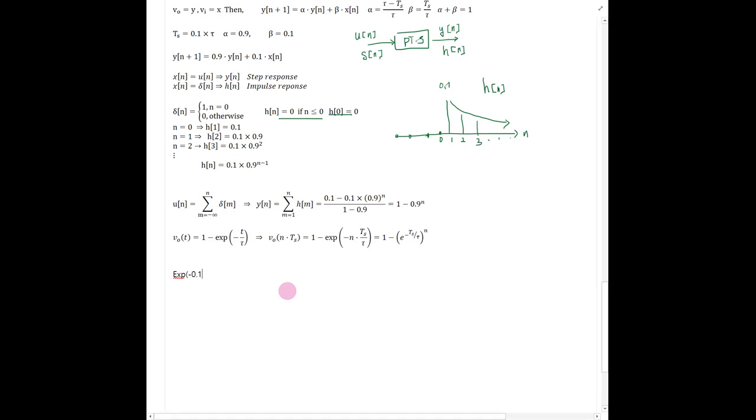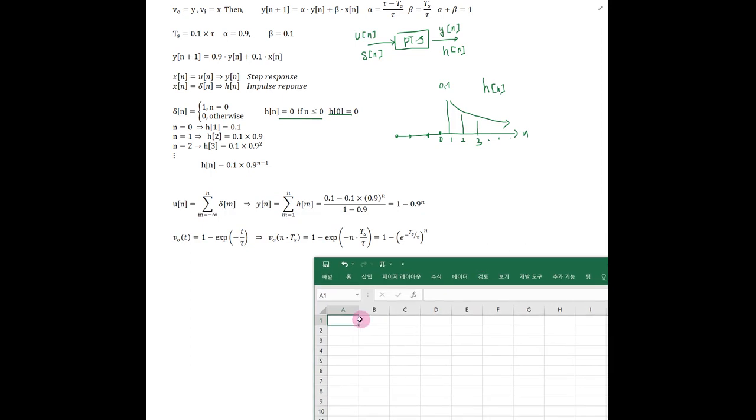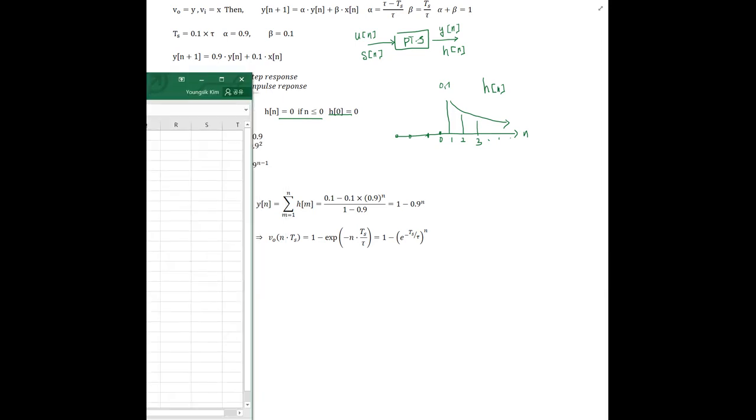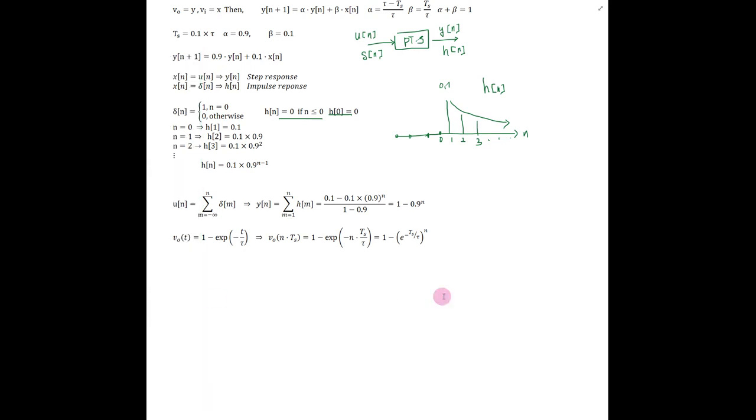It didn't calculate that, so I have to use Excel. I mean that exponential of minus 0.1 is similar to 0.9. You can see it's almost equal to 0.9. So we can approximate this as 0.9 to the n. We can approximate the continuous version with these equations.